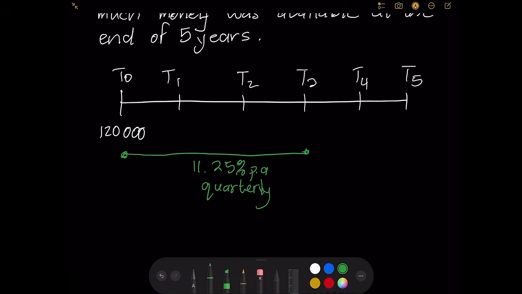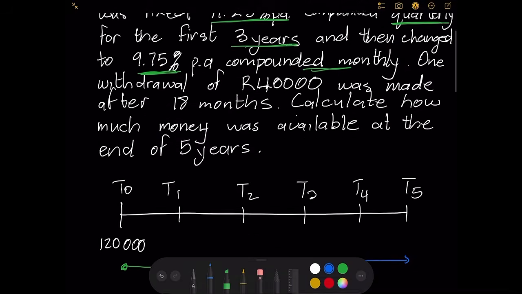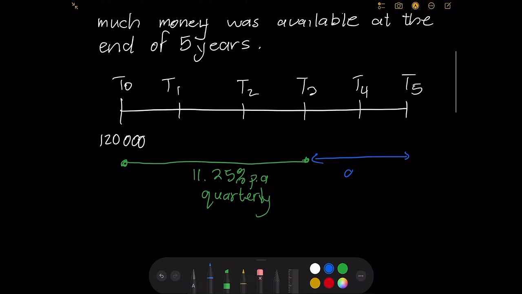So once again, on a quarterly basis, and then we note again, it means that within the next 2 years, now the interest rate, I think, had changed to 9.75%, so that's 9.75% per annum. And in this case, we were compounding it on a monthly basis.